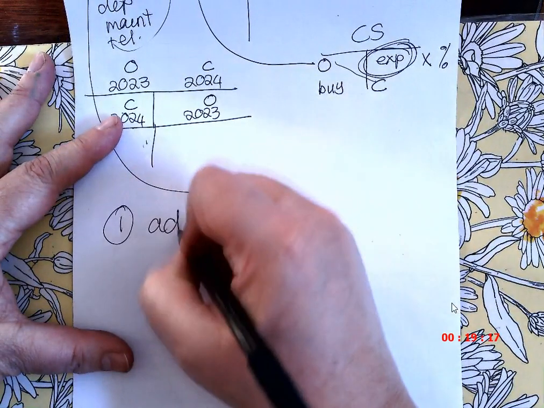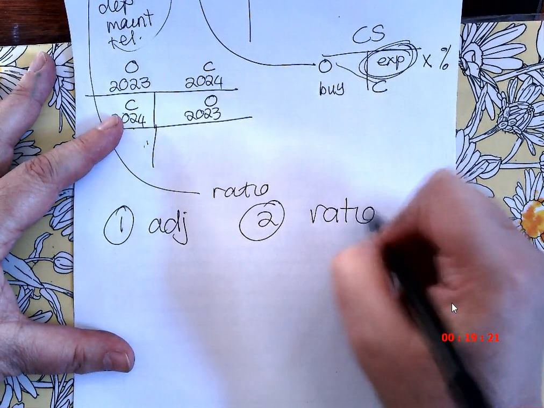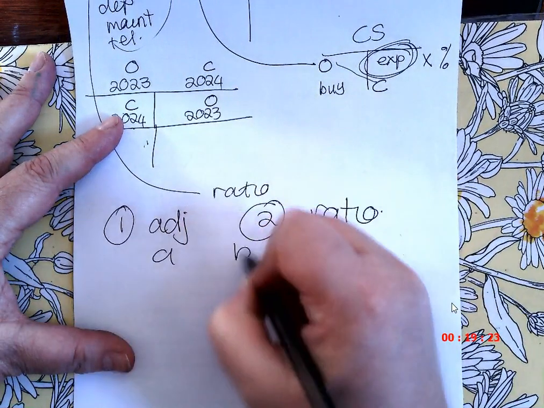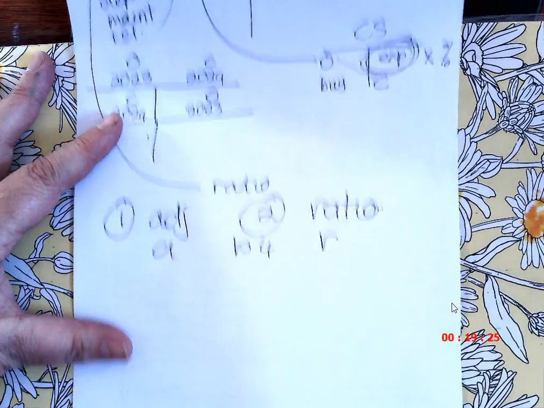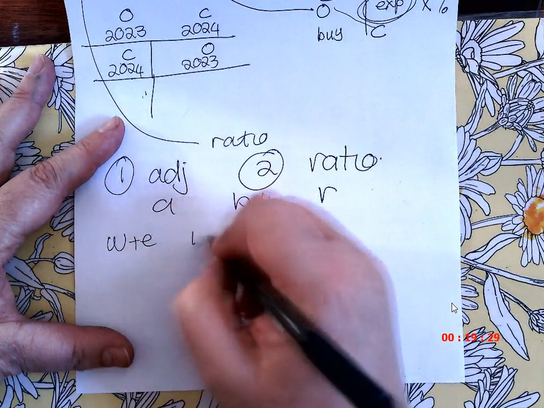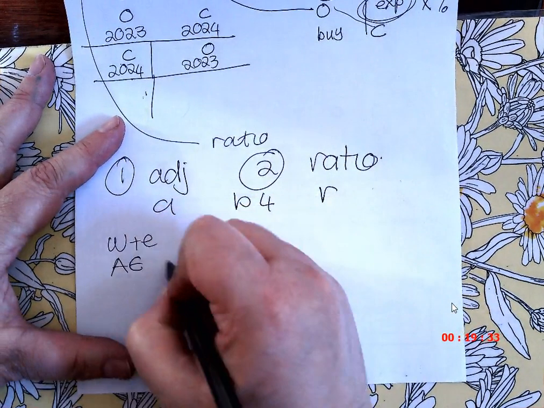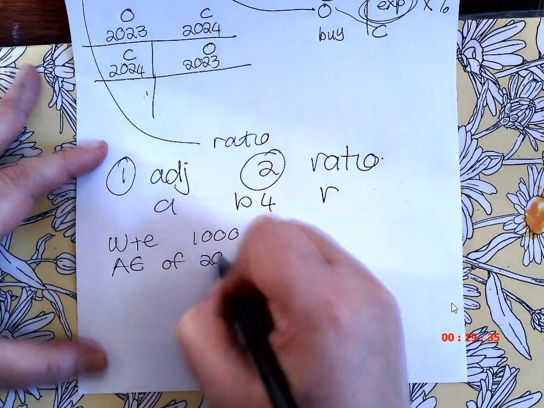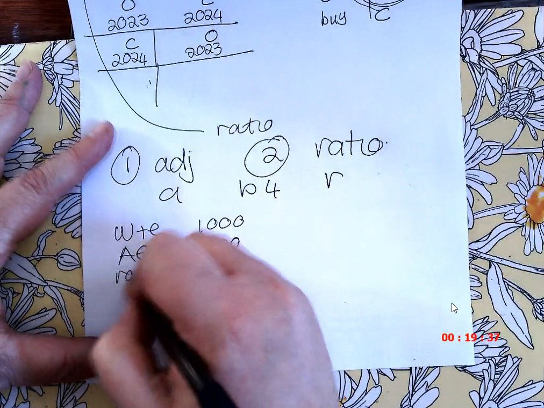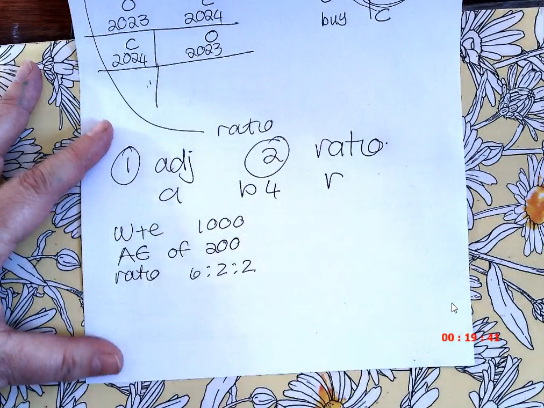First thing is you need to adjust. Second thing, you need to ratio. And remember what I said, A before R. Okay? So if I say to you, your water and electricity is 1,000 rand. We have an accrued expense of 200 and we ratio it 6 to 2 to 2.